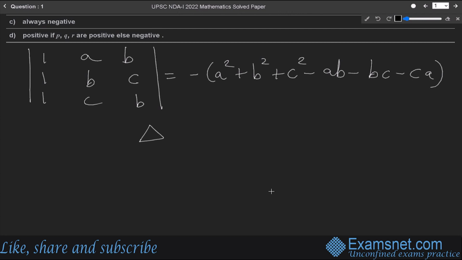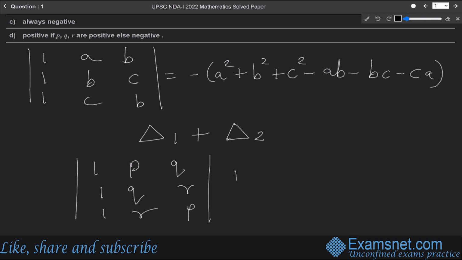We have to find the value of delta 1 plus delta 2. So the value of delta 1 is 1 P Q, 1 Q R and 1 R P. And the value of delta 2 is 1 1 1, Q R P, R P Q. Can you tell me what will be the value of delta 1 by using this form?